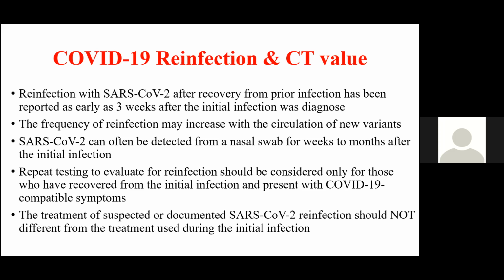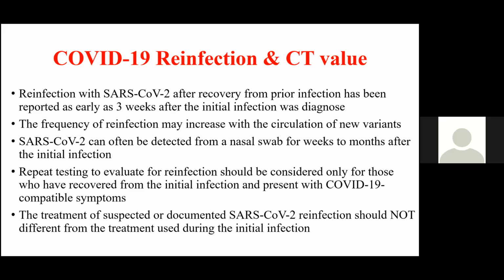The detection is the same, and the incubation time stays the same. For a patient who has been infected with COVID, if they get new symptoms, it has to be considered a new infection until proven otherwise.